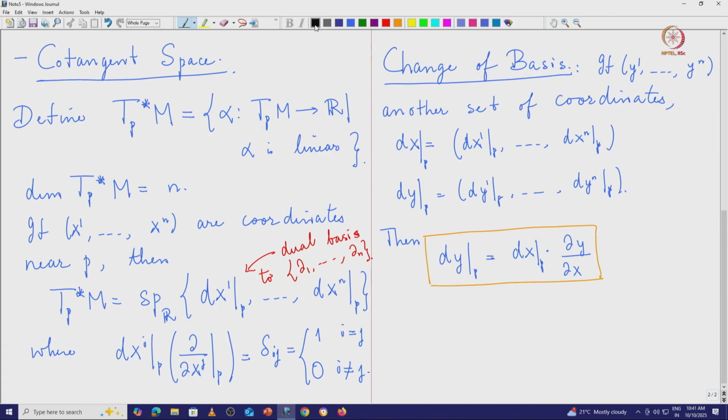Okay, just for comparison, for the tangent space, we had the following transformation formula.